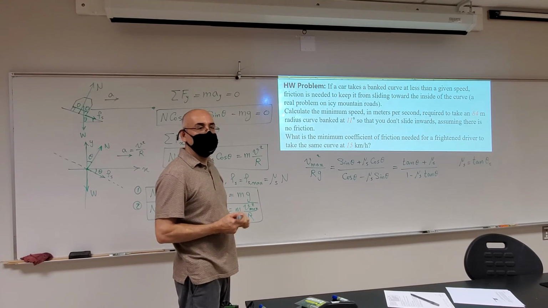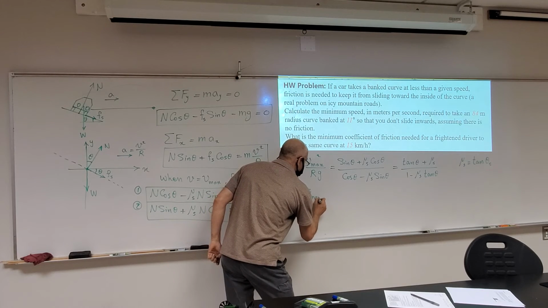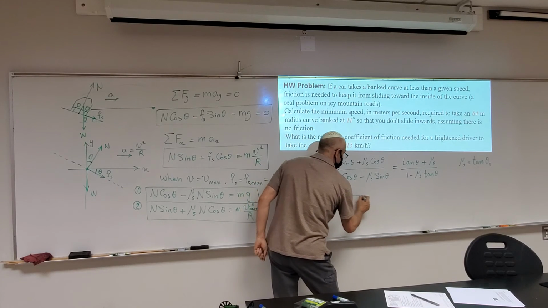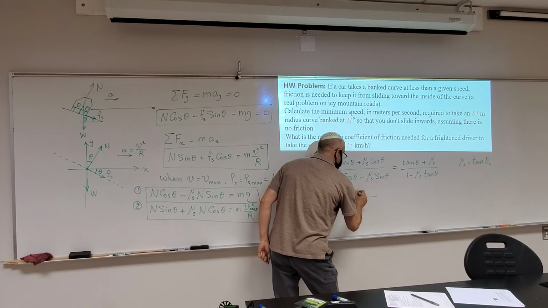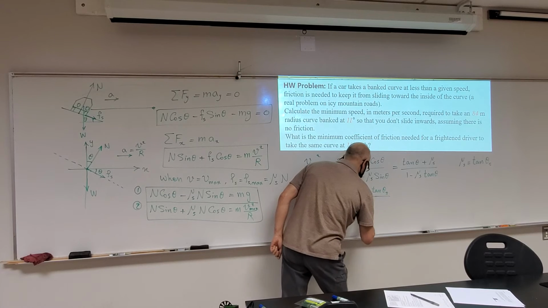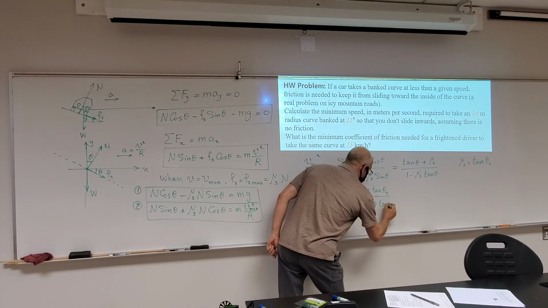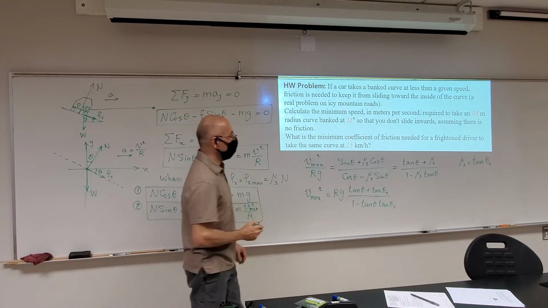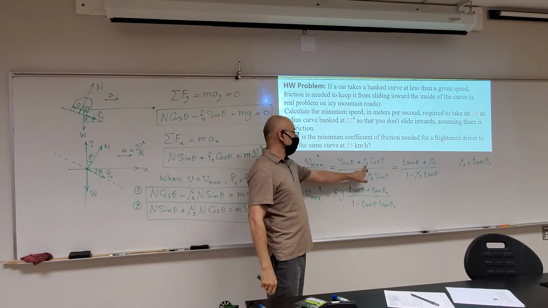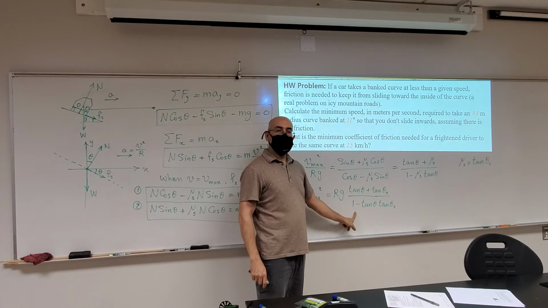Remember 3? So V max squared is equal to Rg times tan theta plus tan theta s divided by 1 minus tan theta s. Oh, I could do it differently. That would be too much. Remember this from trig?